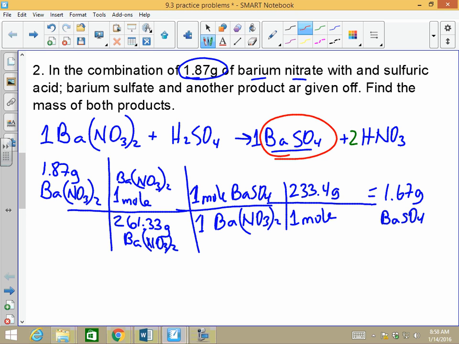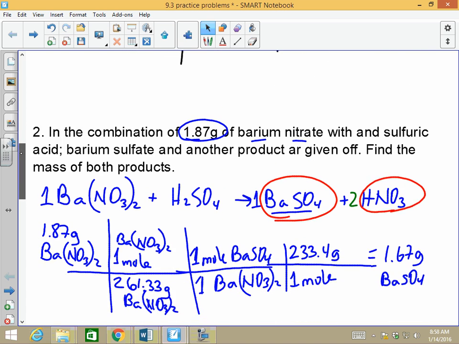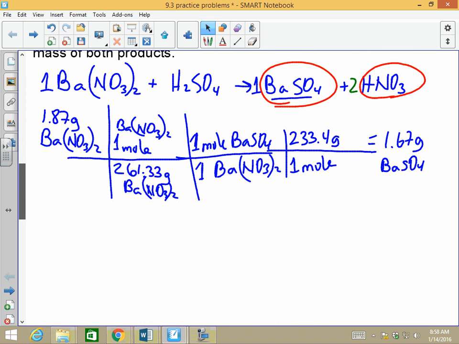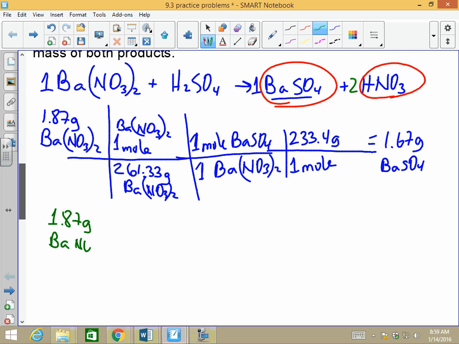I'm going to find this one, the mass obtained when you get that same 1.87 grams of barium nitrate. Okay, let's go over this. The question begins the same way. 1.87 grams of BaNO3 2.